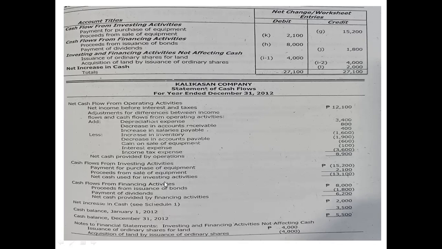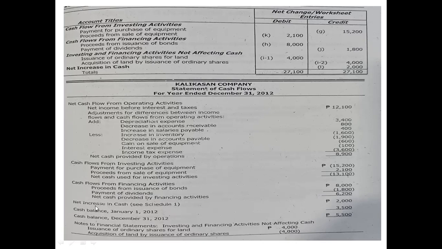So the net cash used for investing activities is 13,100. Now let's go to the financing activities. So proceeds from issuance of bonds, which is 8,000, and payment of dividends, which is 1,800. So the net cash provided by financing activities is 6,200.